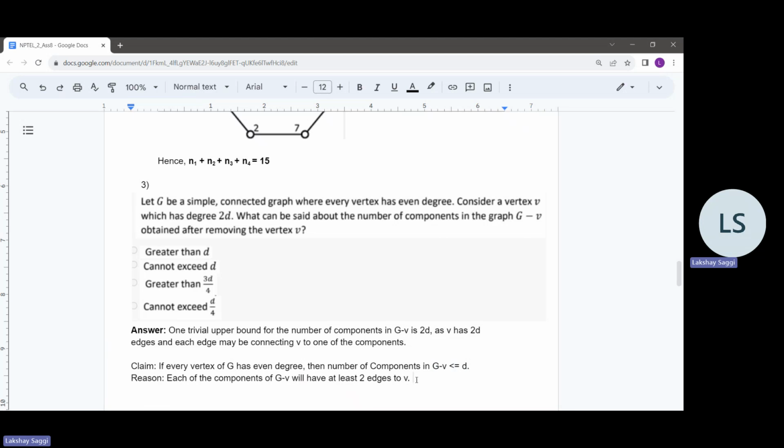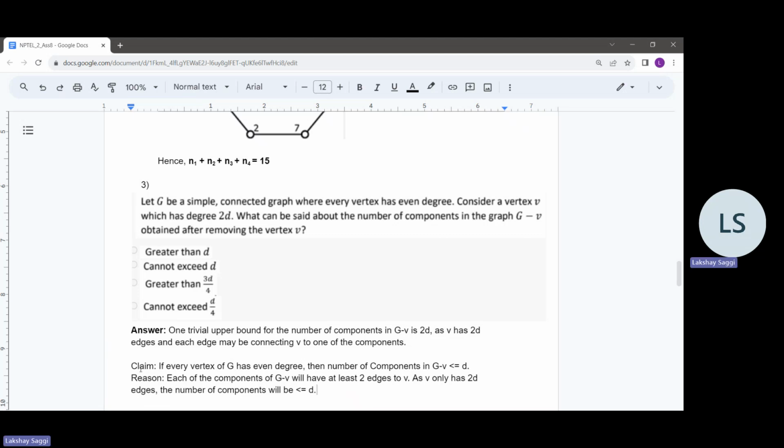Because if each component has at least two edges to V, and V only has 2D edges, then there are 2D edges and at least two edges will be adjacent to one component. So the maximum number of components which can be there is D only. So the number of components will be less than or equal to D.